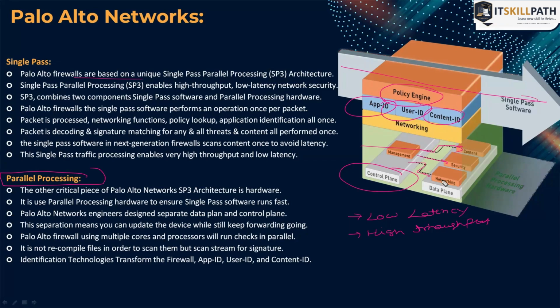And it has two different planes. What are the control plane and the data plane? Anyone aware of it? Control plane and data plane. The control plane is something which goes to the CPU where it has to be processed. Data plane is like a fast path, normal traffic.